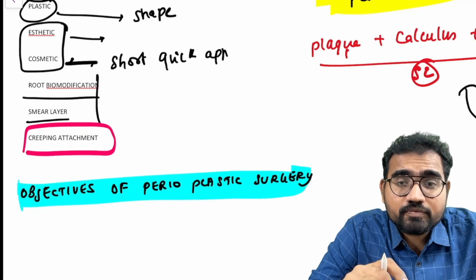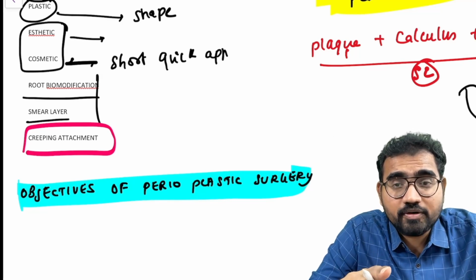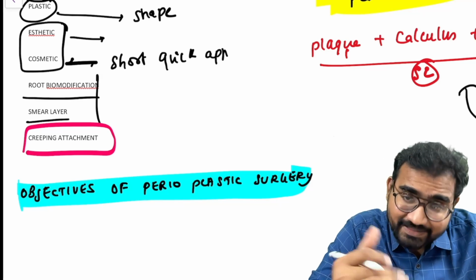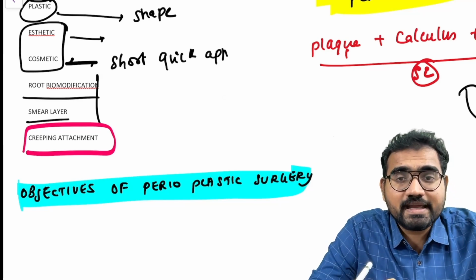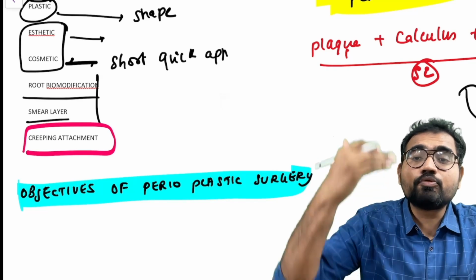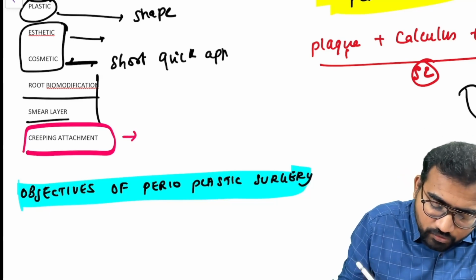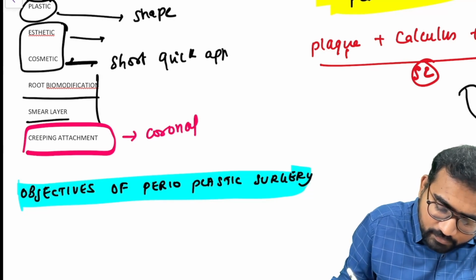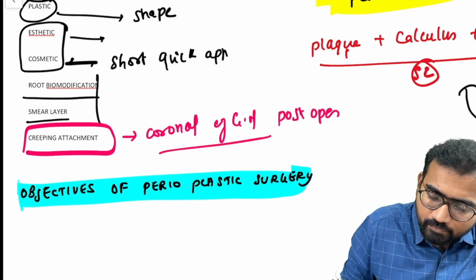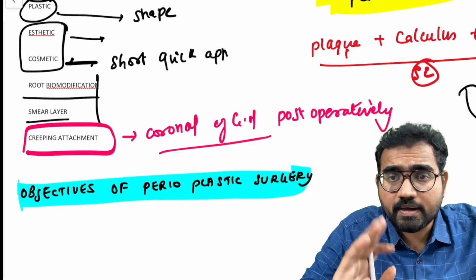That is because you eliminated the etiological factor, plaque, and if you identified the proper etiology, say faulty tooth brushing, and corrected that, plus you did scaling, then the combined result is good upward, coronal movement of the gingiva. That is called creeping attachment. So creeping attachment is the coronal migration of the gingival margin post-operatively. Fine, this is called creeping attachment.